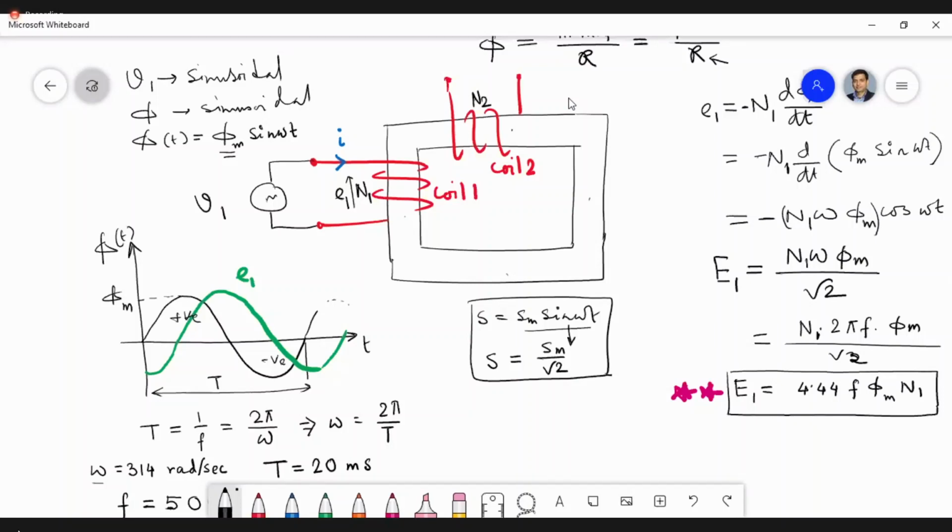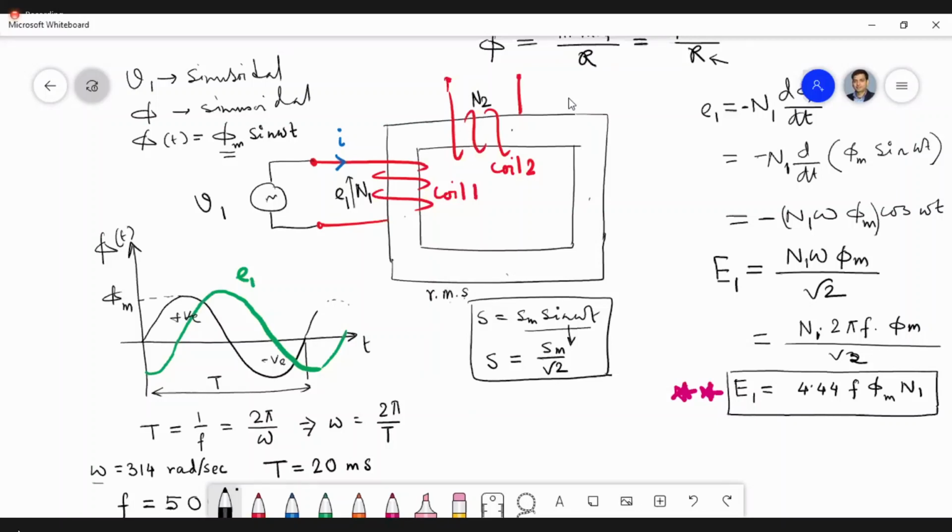So therefore, we have to use a different measure for alternating quantities. And what is that measure? That measure is called the RMS value. Root mean square value.